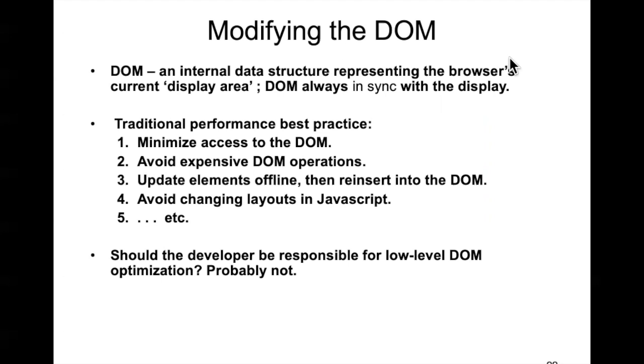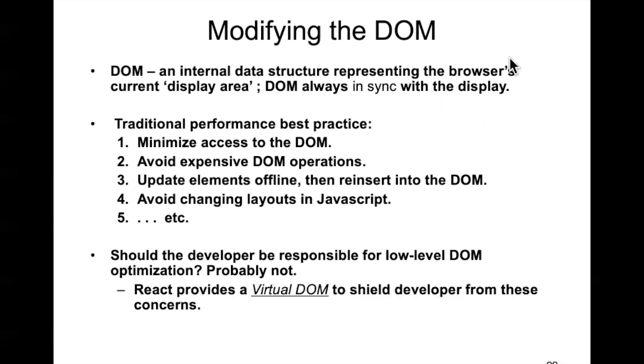So for that reason, the React design team said, we will take away a lot of the responsibility from the developer for making good and bad design decisions in terms of how they implemented their JavaScript, and that JavaScript that manipulated the DOM. And they introduced something called the virtual DOM.